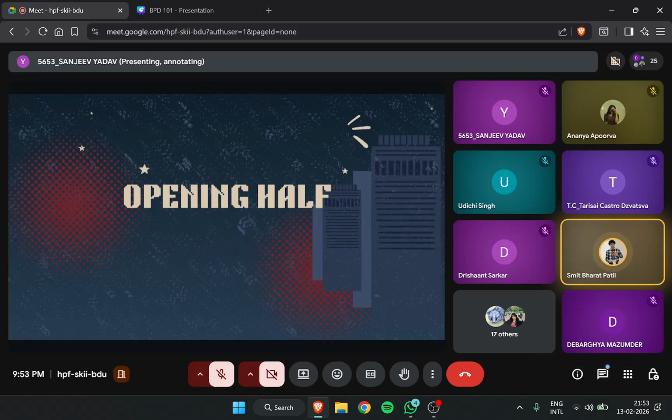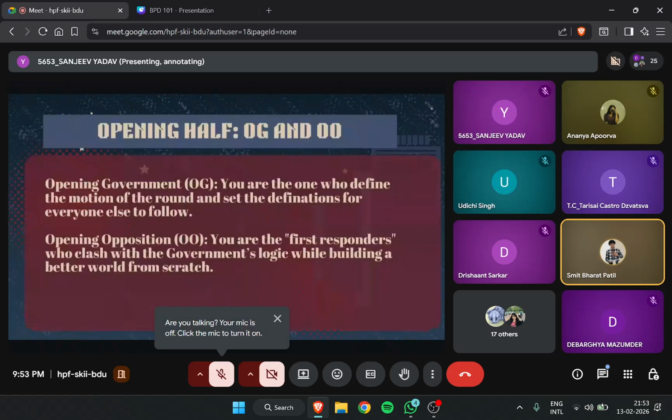Right. Now let's see. We were talking about opening benches and the opening half. What particularly they have to do and what their basic burdens are. Next slide. So the opening half. Let's talk about OG and OO. In APD, what has to happen as a government?